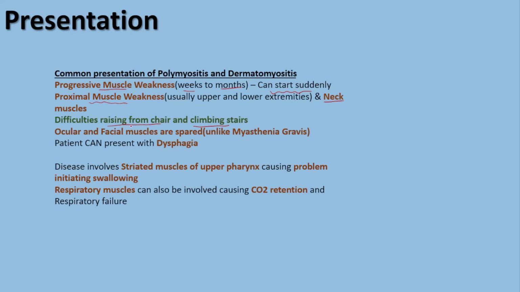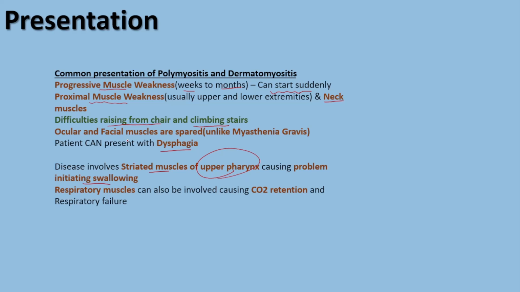Raising from a chair needs proximal upper extremity muscles, and climbing stairs needs muscles of the hip, which are proximal lower muscles. Another manifestation is that the patient can also have dysphagia, due to the fact that the skeletal muscles of the upper pharynx can be inflamed in dermatomyositis and polymyositis, which gives the patient problems with initiating the swallowing of food.